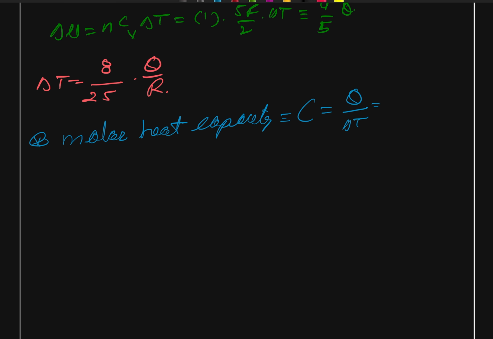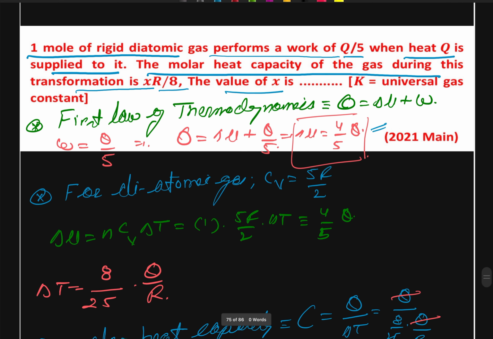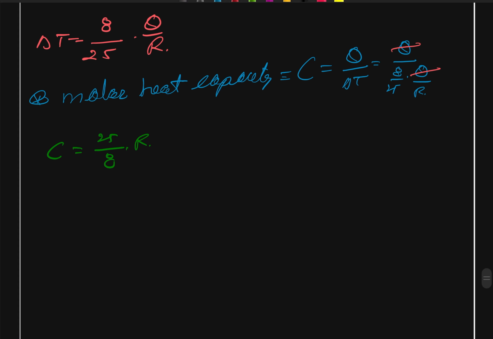So we get Q, and change in temperature is 8 upon 25 Q upon R. Q and Q cancel out, so this will be equal to 25 by 8 times R, and we are given this equal to X R upon 8.